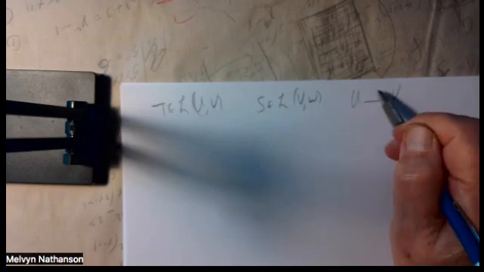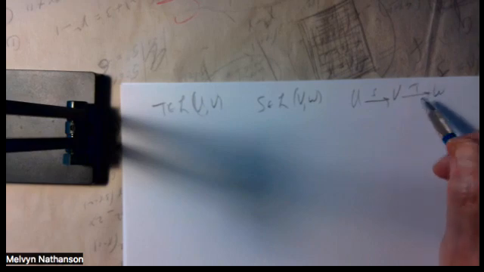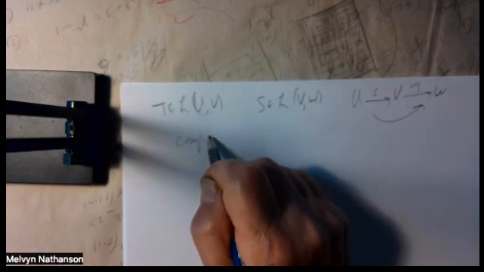U goes to V under this map, V goes to W under the other map, and then there's composition, just like you did in calculus. The composition is a linear map from U to W.